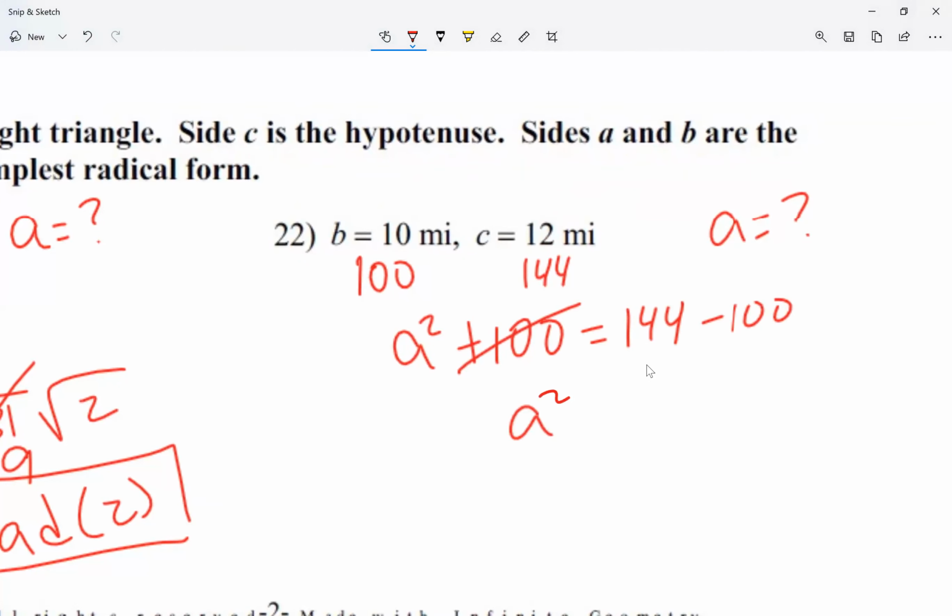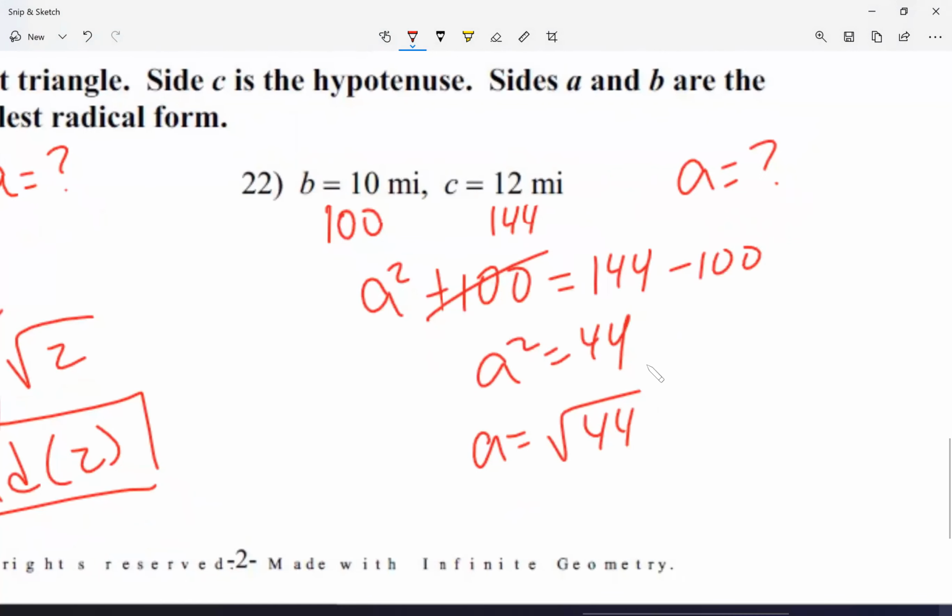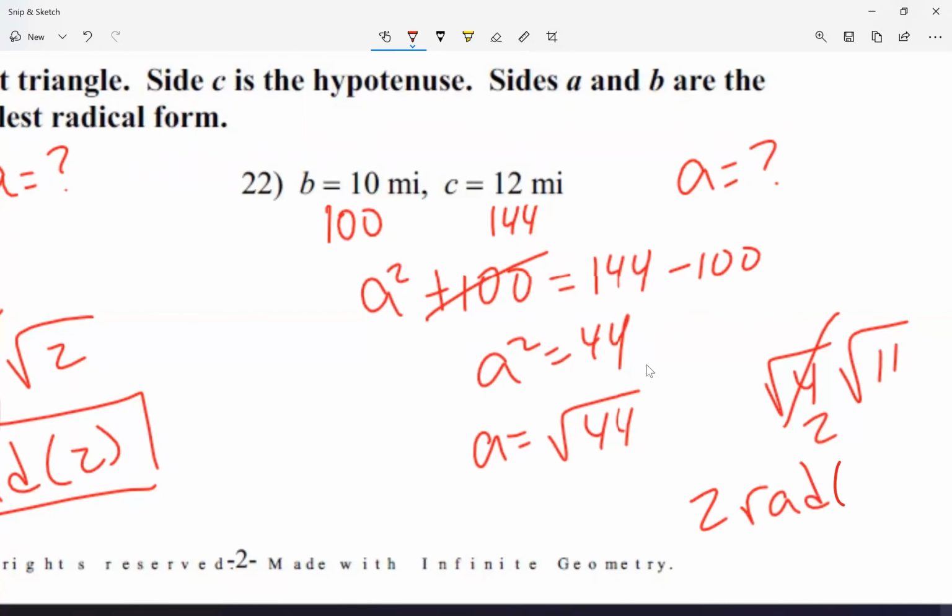So I have that A squared is equal to 44. So that means that A is the square root of 44. Now, square root of 44, I can break that as 4 times 11 because the square root of 4 is 2, right? So my answer is 2 radical 11.